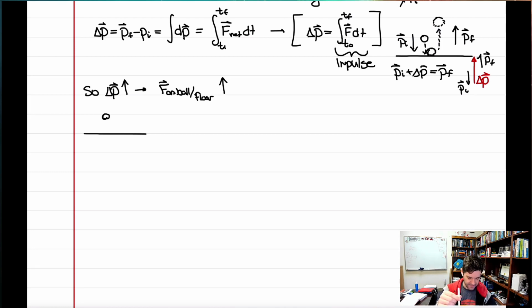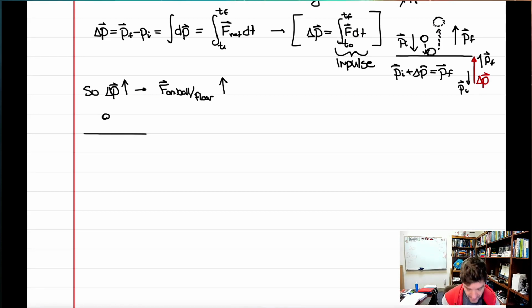In the case where it hits the floor, the floor does more to make the momentum vector ultimately point upward, at least right after it collides. If there was gravity, of course, gravity would eventually win out, because once the floor loses contact with the ball, there's no more force being applied over time from the floor. Then it's only gravity acting on the ball, and its momentum eventually does stop and then turn around and become negative again.